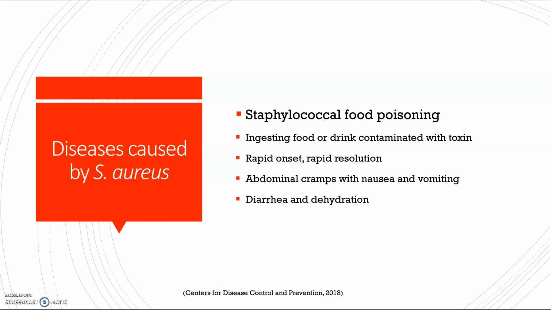Another infection or disease caused by S. aureus is food poisoning. This happens when you ingest food or drink that's contaminated with a toxin. There's the example of the rotisserie chicken. You bring it home from the store, it's piping hot, you debone it, but maybe you didn't wash your hands and you have staph on your hands.